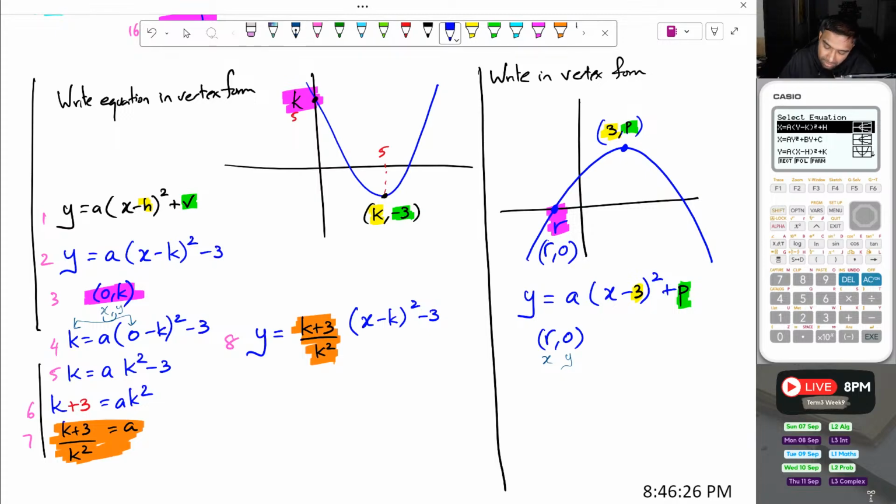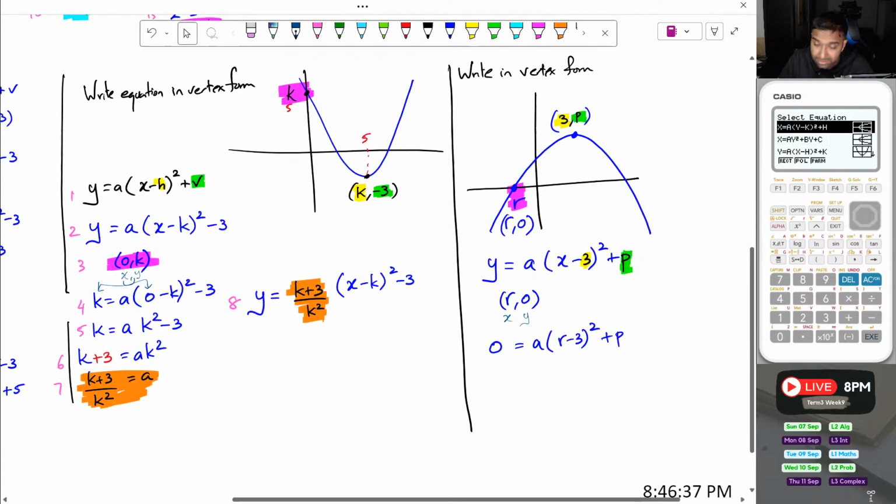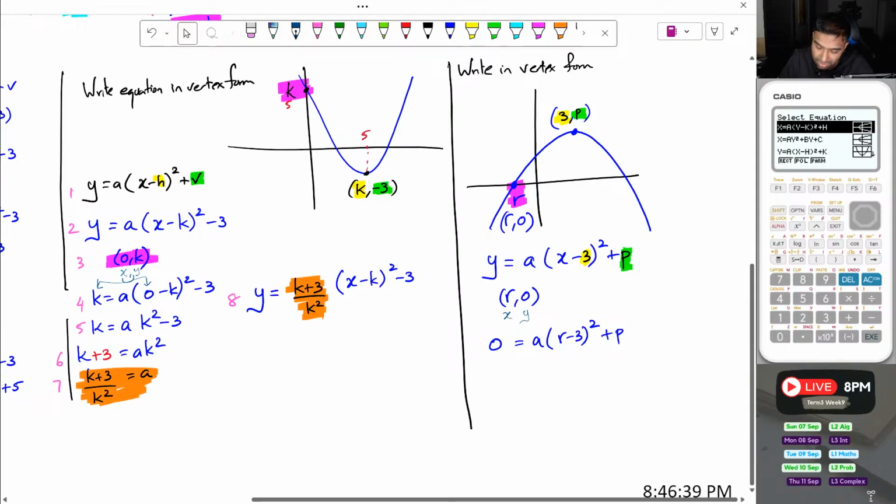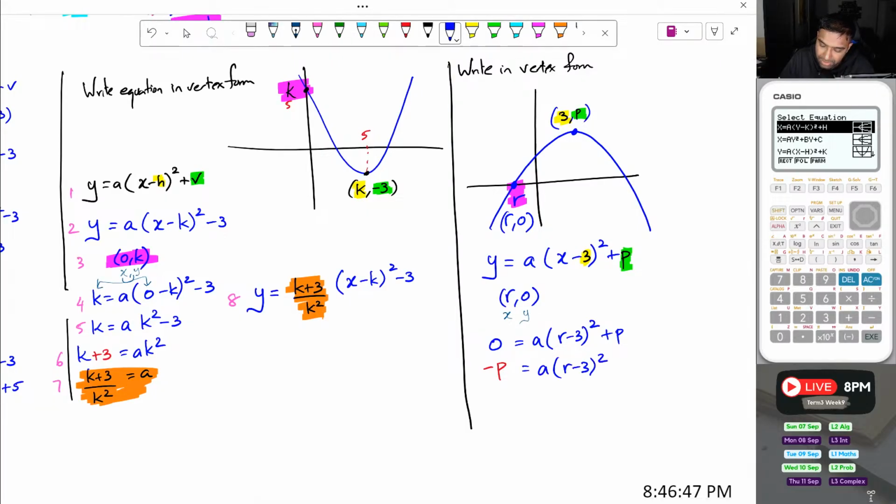So with that in mind, we're going to go 0 is equal to a(r minus 3) squared plus p. Now, we've got 0 on the other side. So if I take p to the other side, it becomes minus p. And we're going to get a(r minus 3) squared.